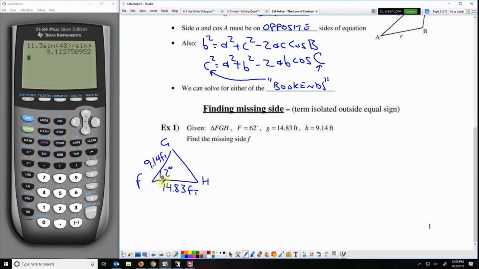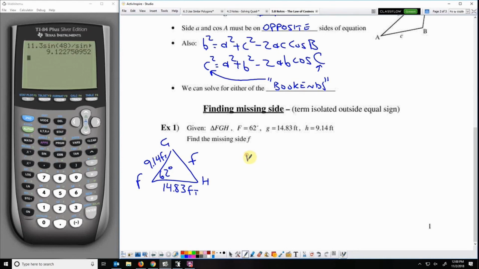So we have side, angle, side. The angle is between the two sides, so law of cosines will work, and we're looking for the missing side, F. We don't even have a, b, and c, but I know that side F and angle F have to be first and last so that I can solve for side F. I can only solve for the very first or the very last item.